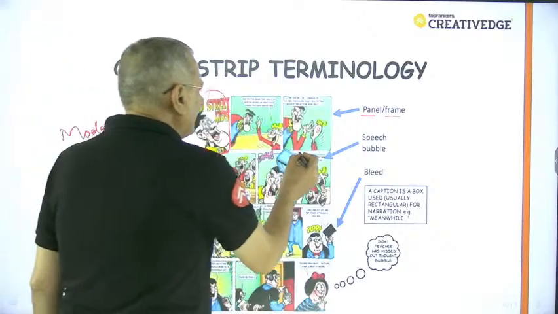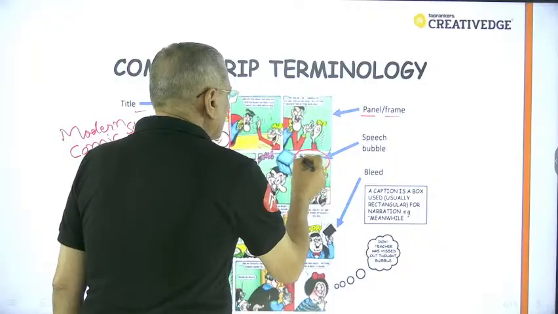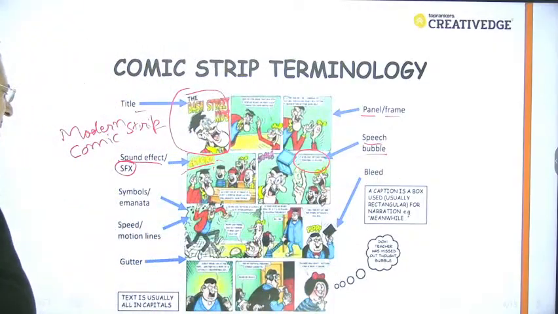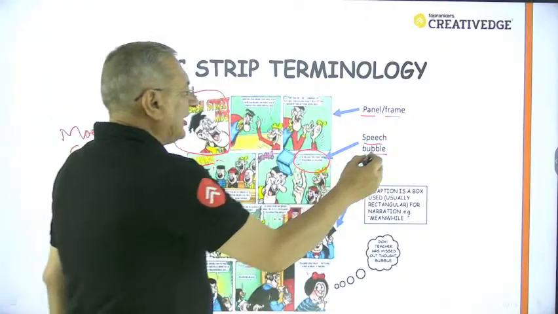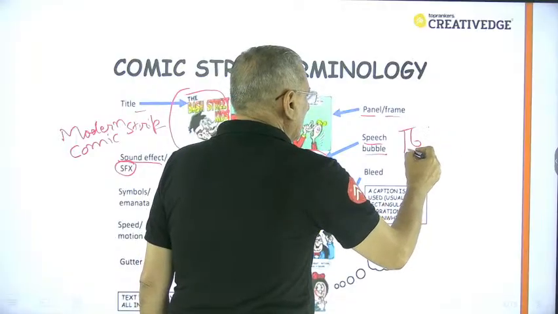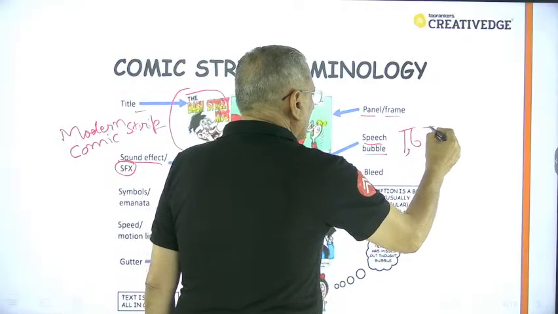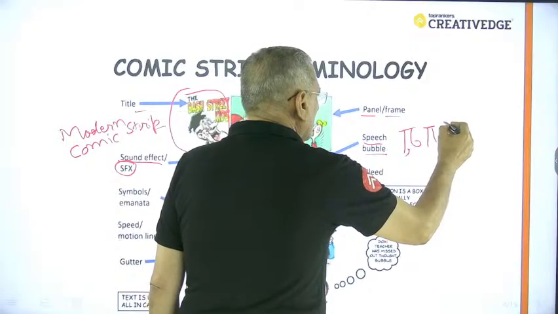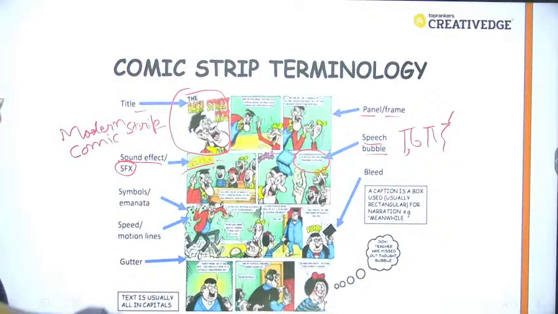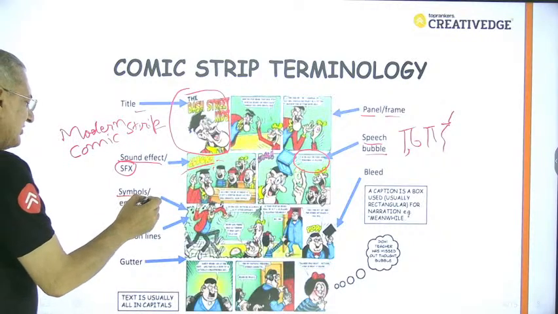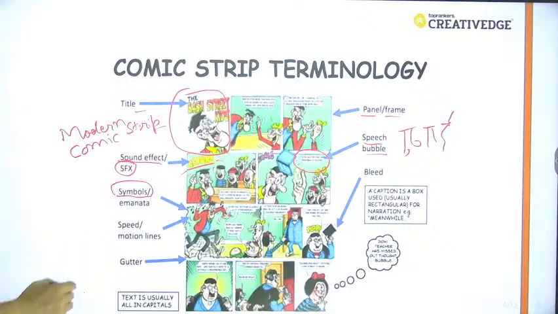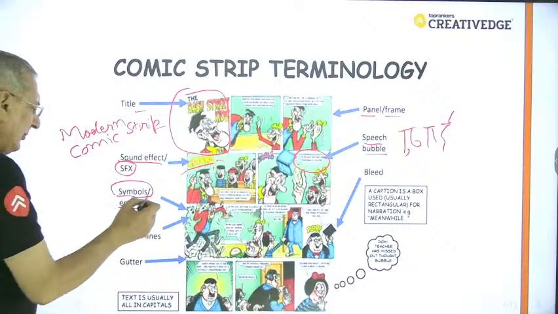A comic strip generally has speech bubbles. Then, for music, there are symbols. These symbols are also known as emanata.